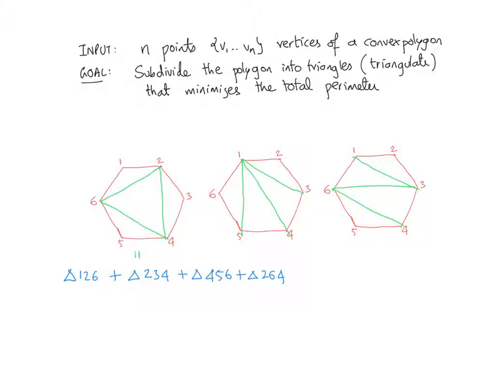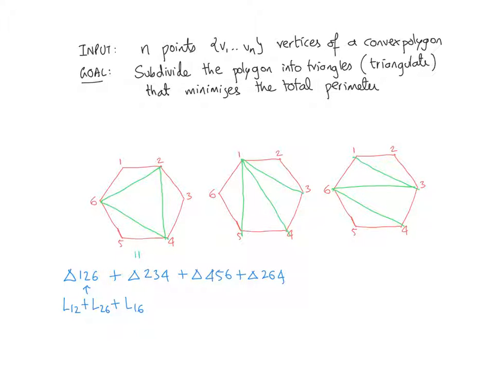And what is the cost of each triangle? It's the length of the edges of the triangle. So for example, the cost of triangle 1, 2, 6 is the length of edge 1, 2, which I'll call L12, plus L26 plus L16.